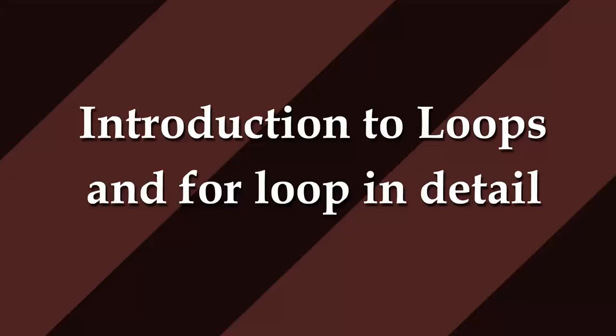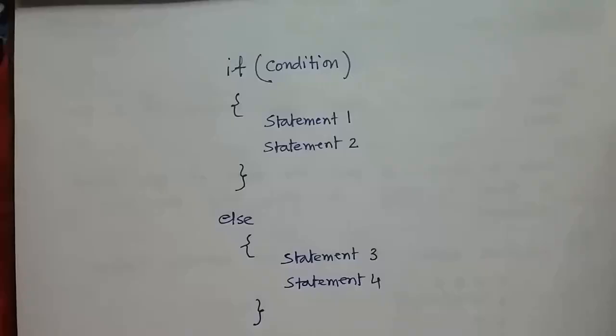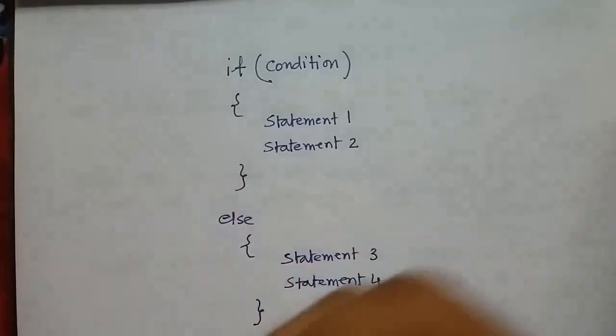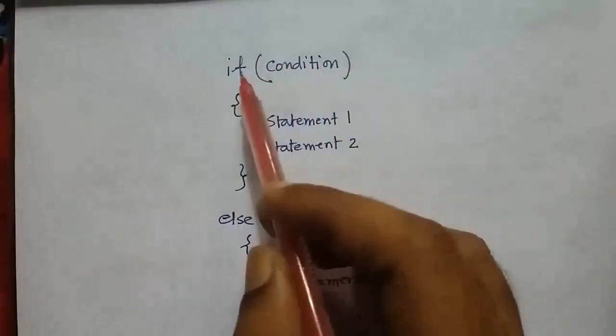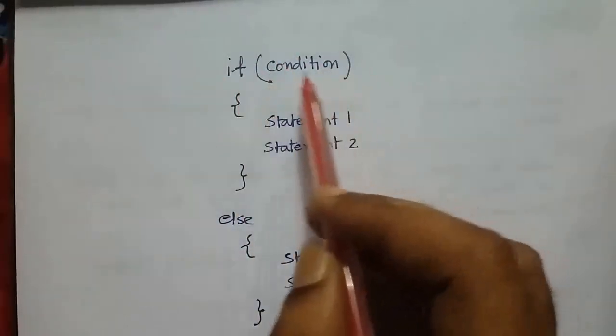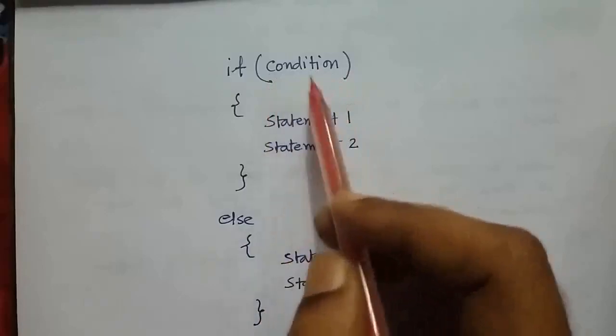Today our lesson will be Introduction to Loops or Iterative Structure, where I will also cover the for loop in detail. You are already familiar with the bidirectional branching in Java, where in a statement, just like this example, an if condition is provided.